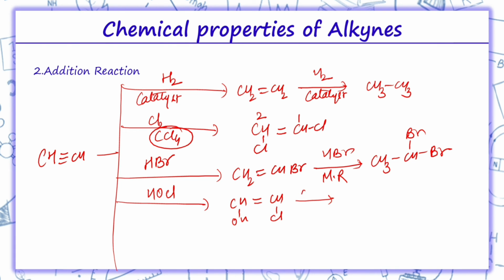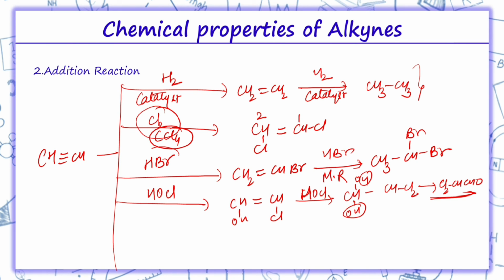On further adding HOCl, we will get CHOH, here OH, then CHCl2. Two alcoholic groups on one carbon are unstable, so water will be removed. Thus, we will get Cl2CH CHO. This is known as dichloroacetaldehyde. When hydrogen is added, that reaction is known as hydrogenation.